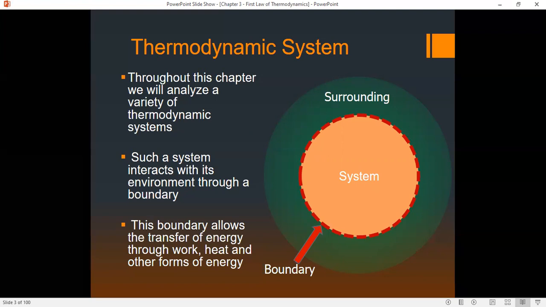So starting out with our thermodynamic system, the system itself is going to be some device that we're going to use to extract this energy, to get this mechanical energy out from. We'll see we can use pistons to do this. We can use steam turbines or gas turbines to do this.